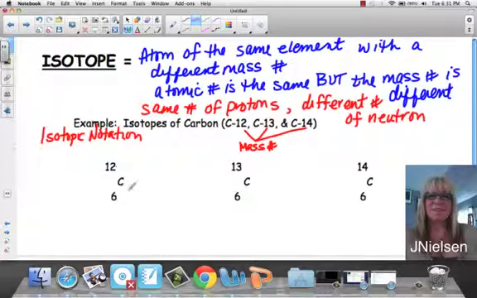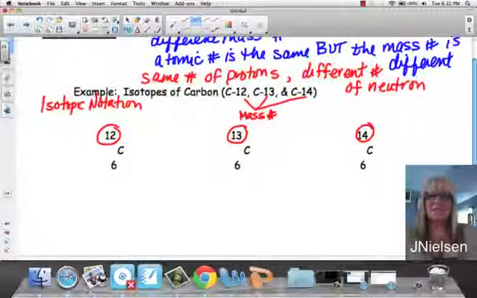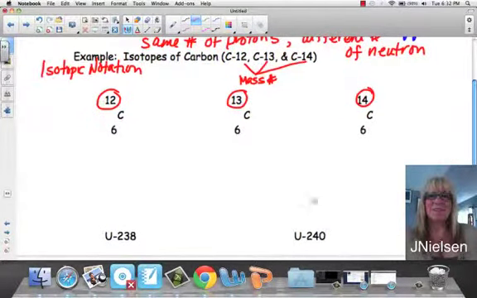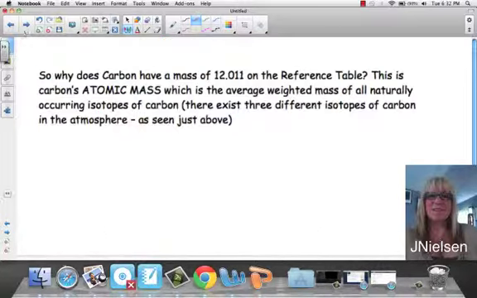Or I can write them like this, where this is my mass number, and I have my atomic number on the bottom. And here's two others, U-238 and U-240. They are isotopes of one another, same atomic number, different mass number.